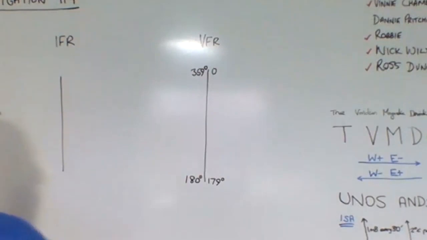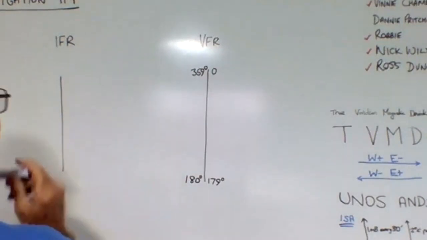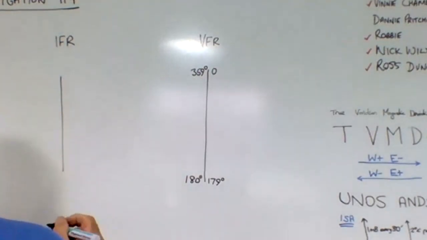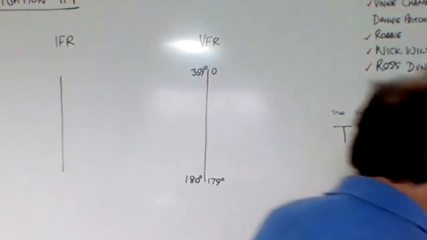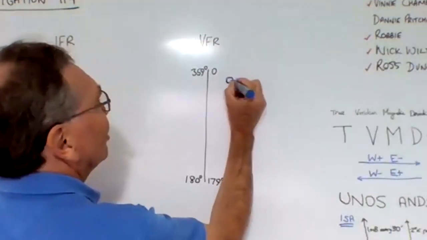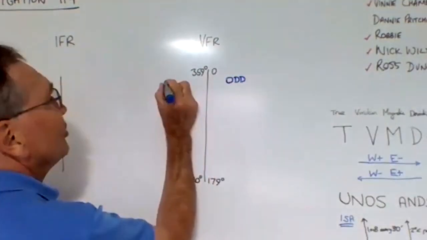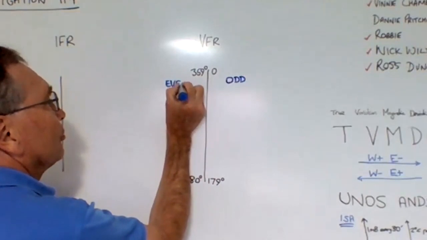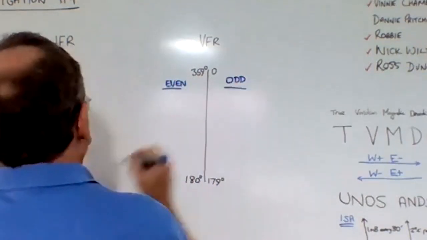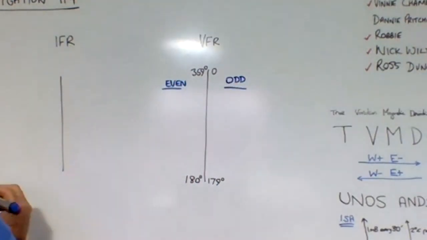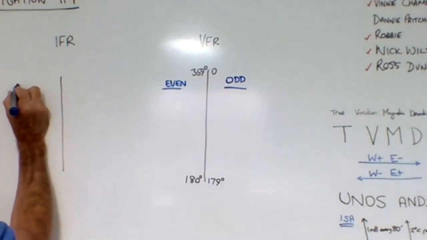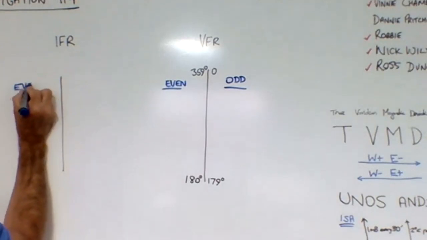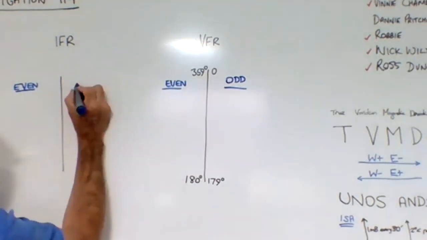And if we're flying VFR, what we do is we fly odd. We have odd here, and we have even here. We have the same thing if we're flying IFR. We have even over here.